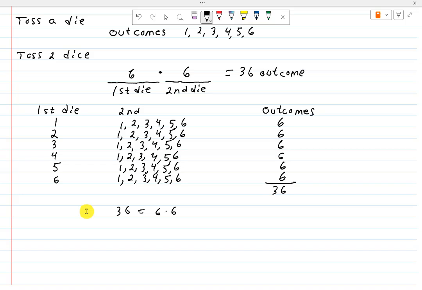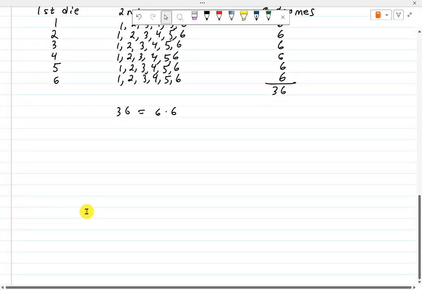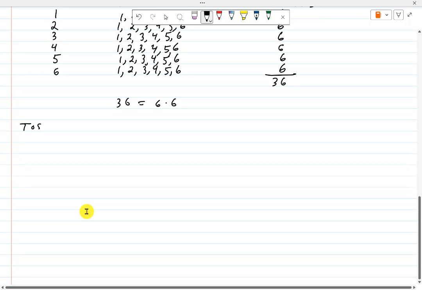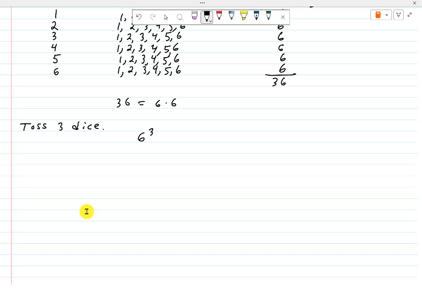Or another way to look at it is 6 raised to the second power. Toss 3 dice. Then we're going to have 6 to the third, which equals 216 possible outcomes.